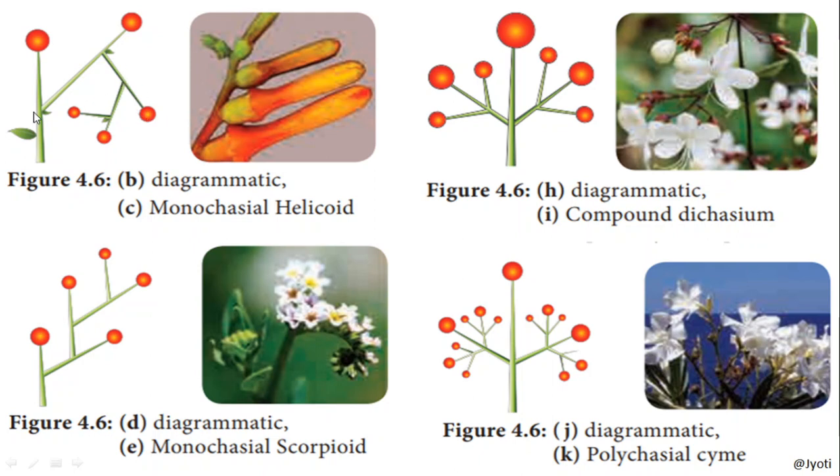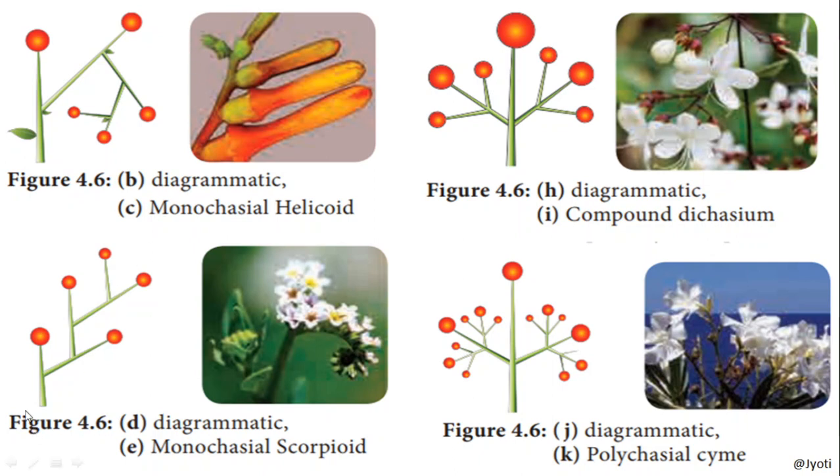So the new flowers are developed on one side of the peduncle only. You can see on the right side of the peduncle only it is developing. So it gives the appearance of a helix. It creates a helical structure. That's why it is called helicoid.